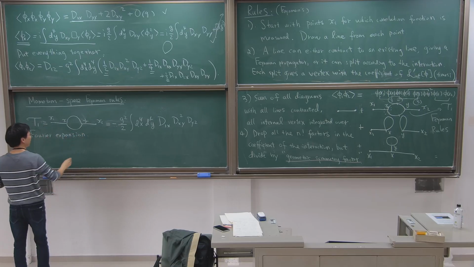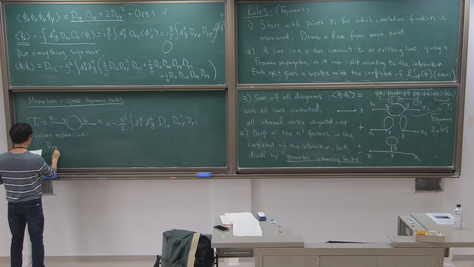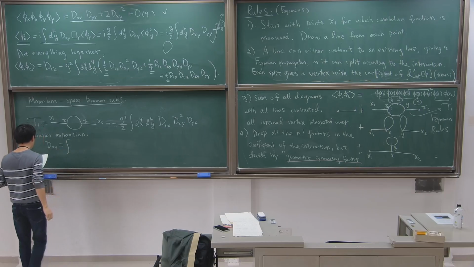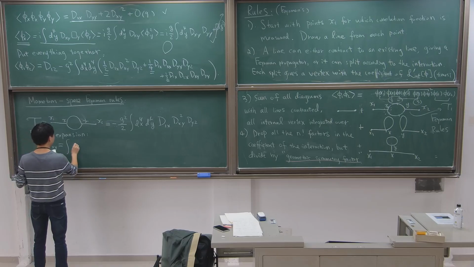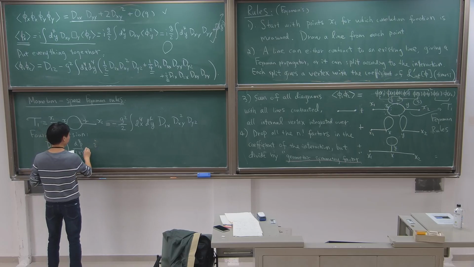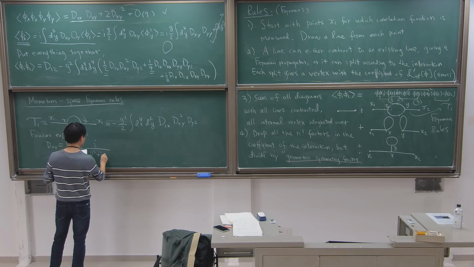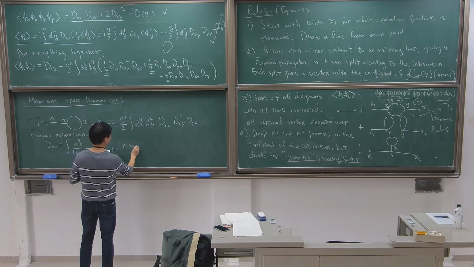What if I do Fourier expansion for all the propagators? For instance, Fourier expansion essentially can be done this way. For D(x-y), I can write it as the p-space integral, d^4p divided by (2π)^4, with i over p squared plus iε, times exponential ip(x-y).